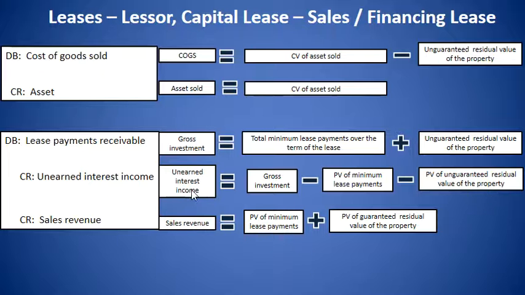So that would be our unearned interest income. And lastly, then we would record our sales revenue, which is the present value of our minimum lease payments plus the present value of any guaranteed residual value of the property. Sounds pretty complicated, but let's try to simplify this just a bit.